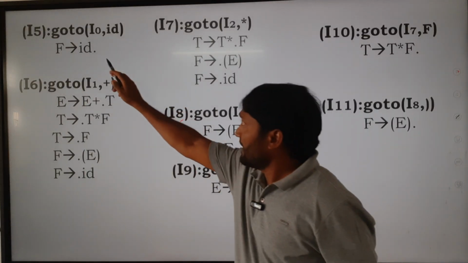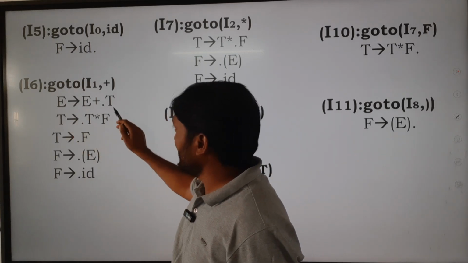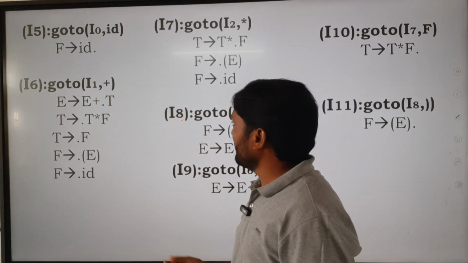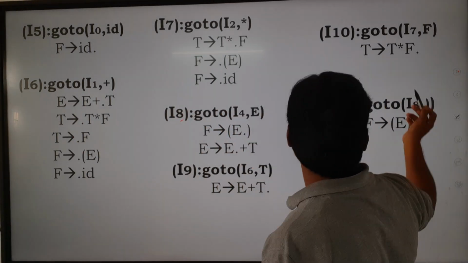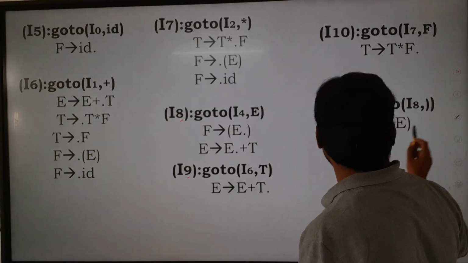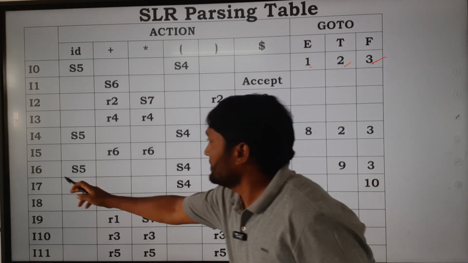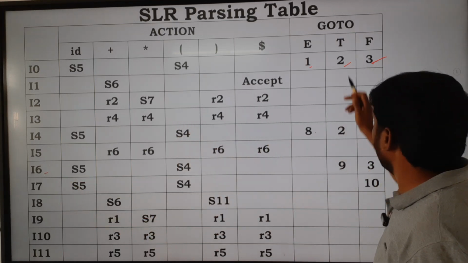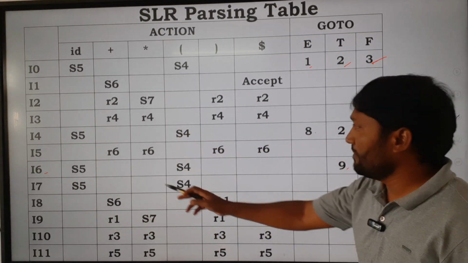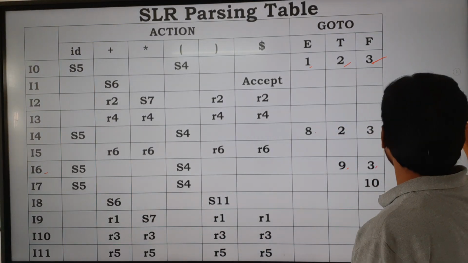Come to I5: is there any non-terminal symbol? No. Come to I6: yes, there is a T. 6 comma T ends in I9, so 6 comma T is filled with 9. Similarly, 6 comma F ends in 3.